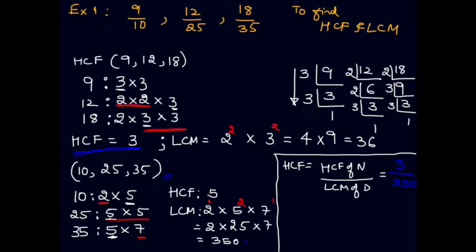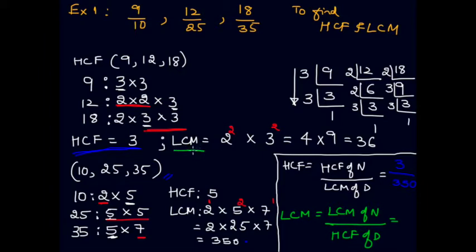And now LCM is similar. Let's use green for that. LCM is LCM of numerators divided by HCF of denominators, which is equal to, now the first is the LCM.